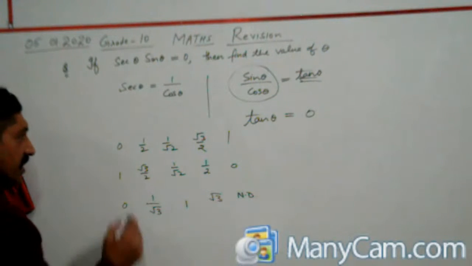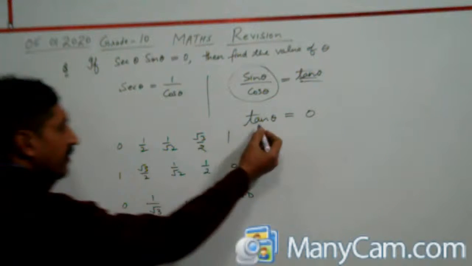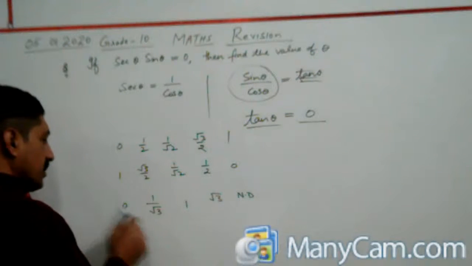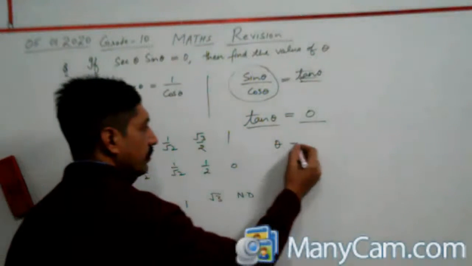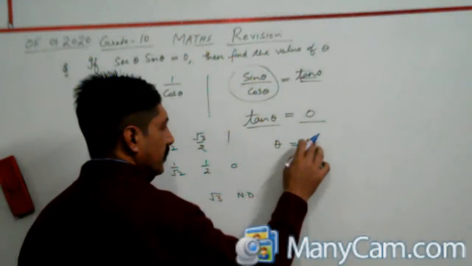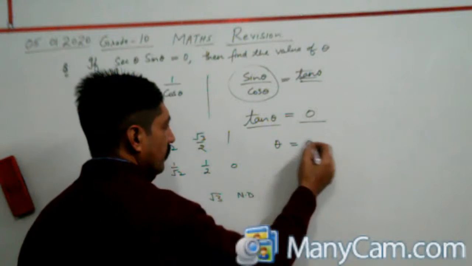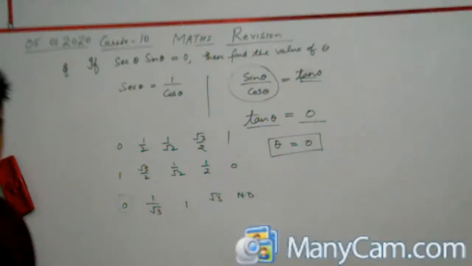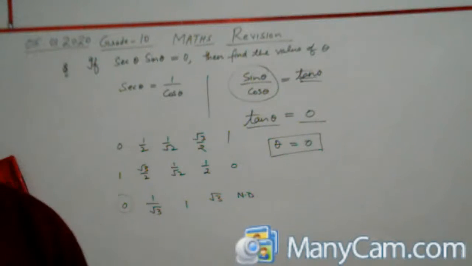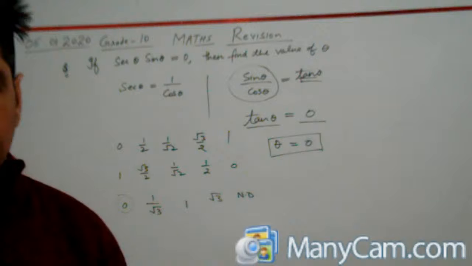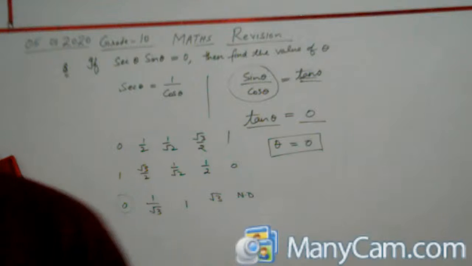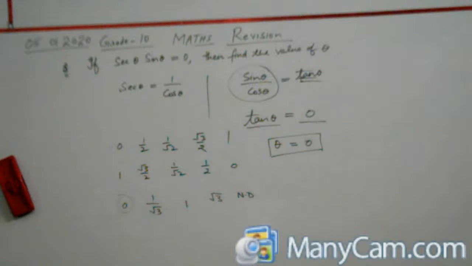So when tangent of theta is equal to 0, tangent of theta is 0 only when theta is 0, because sin theta is 0, right? So thank you. Next one, take a few more questions.